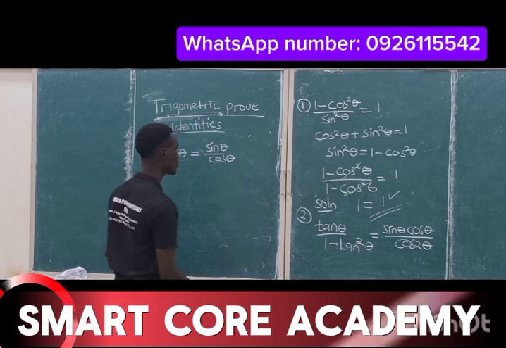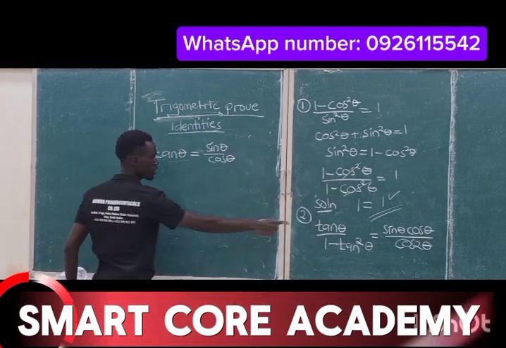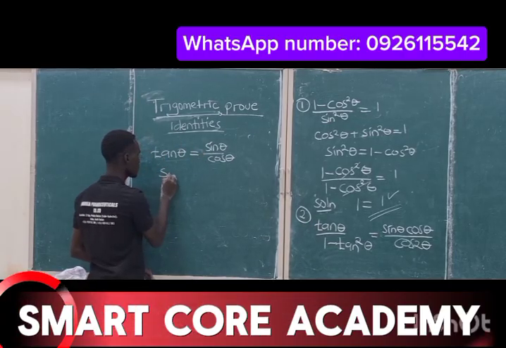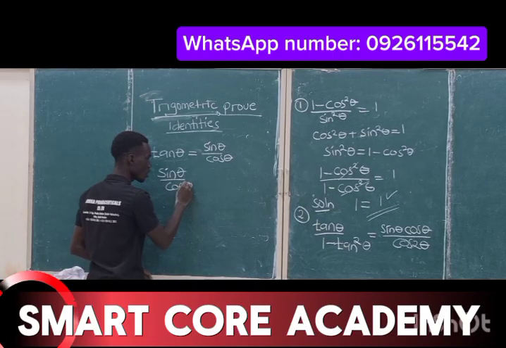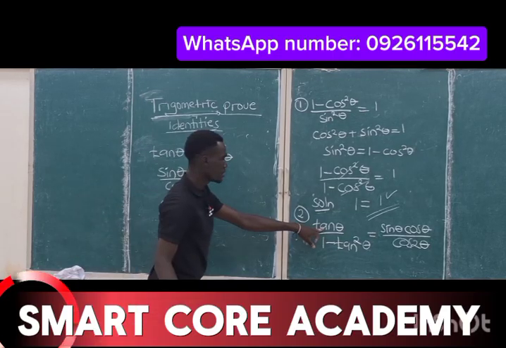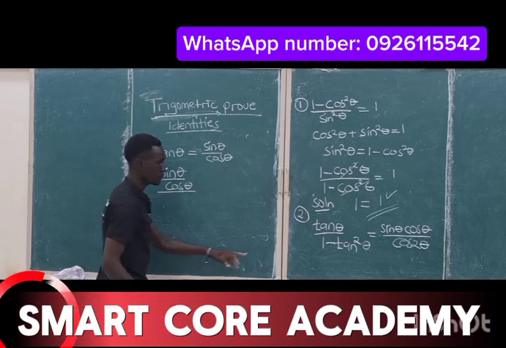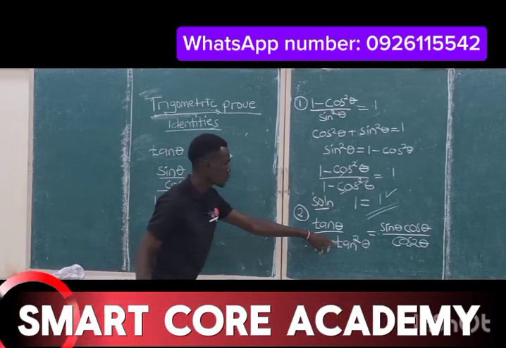Now let's come back to our equation. It says that tan theta all over this one, but we say that tan theta is sine theta all over cos theta. This is the first one. The downer part, the whole of it divided by 1 minus tan square theta.